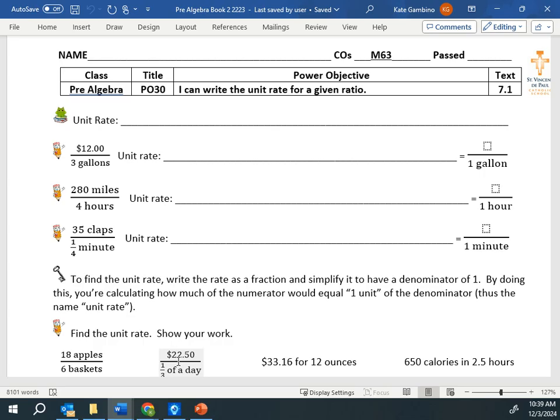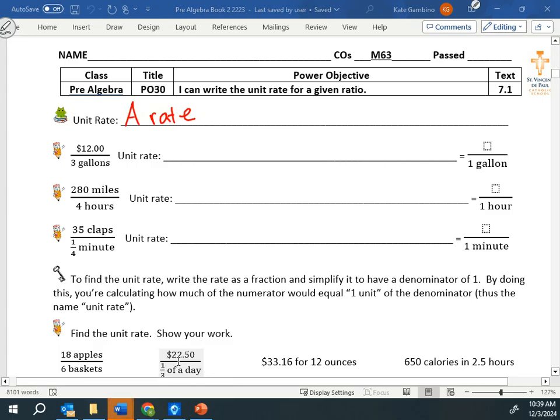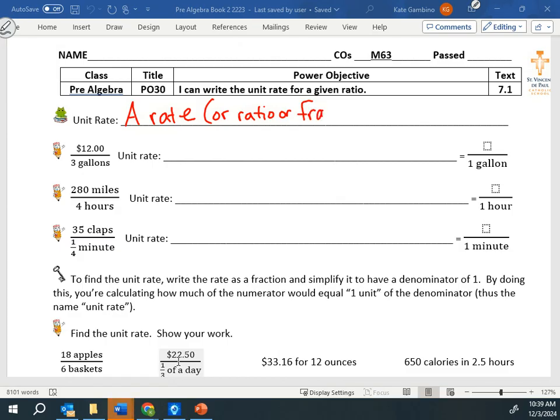So, first thing we have to do is know what a unit rate is. A unit rate is a rate or ratio or fraction with a denominator of 1.